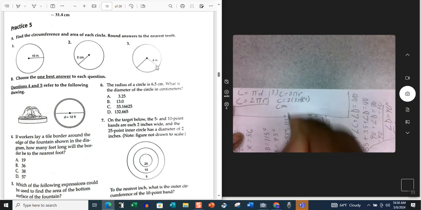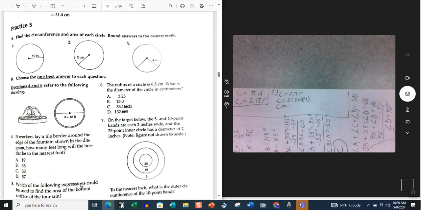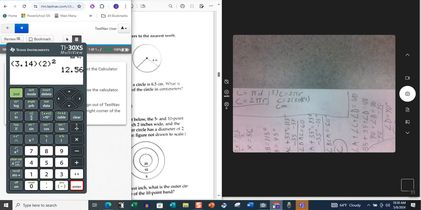Now we put this in our calculator. So we have 2, parenthesis 3.14, then parenthesis 4.